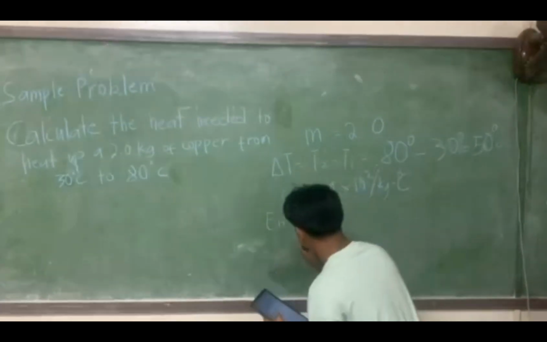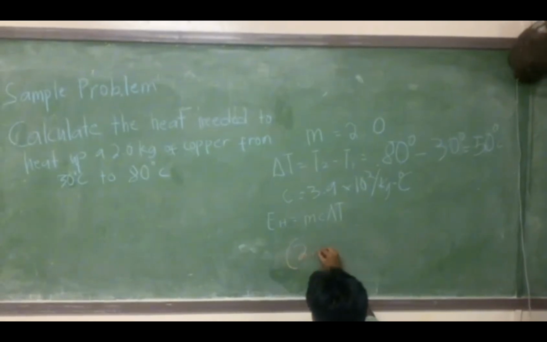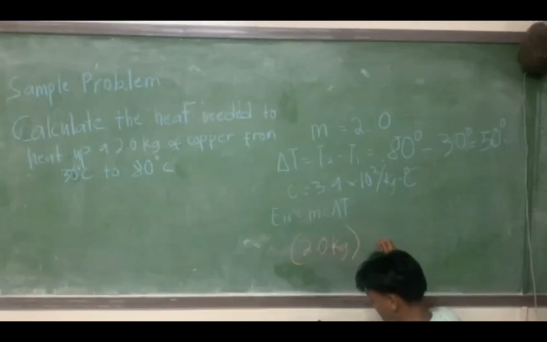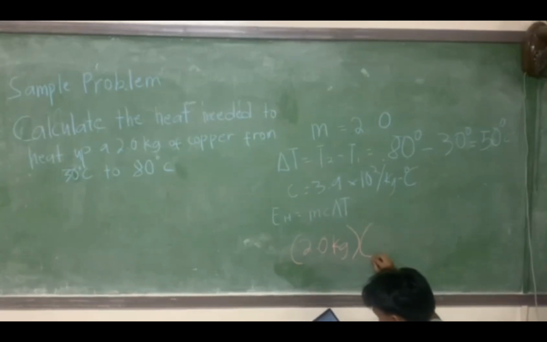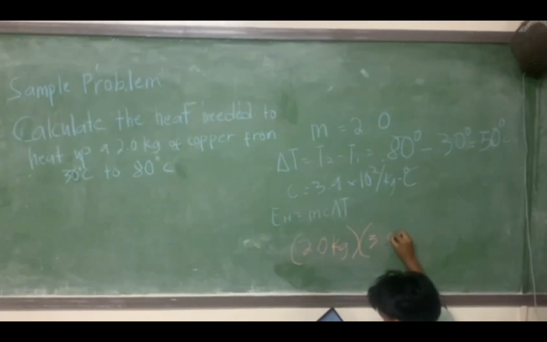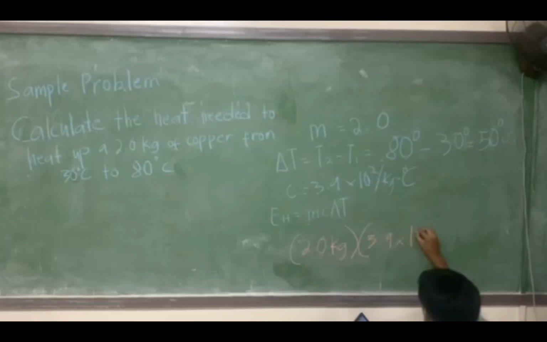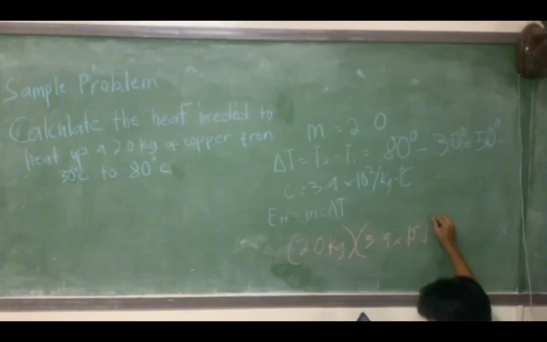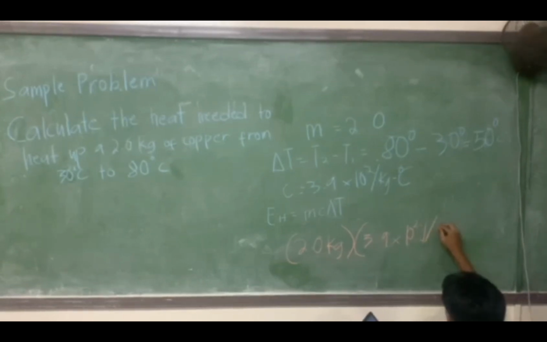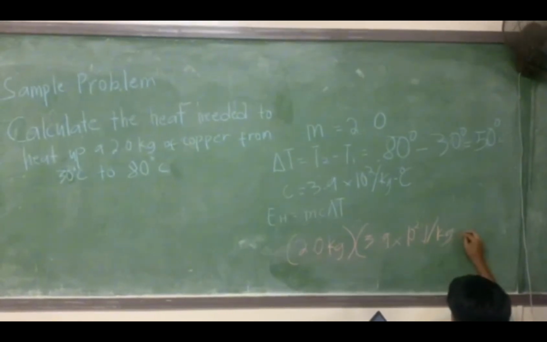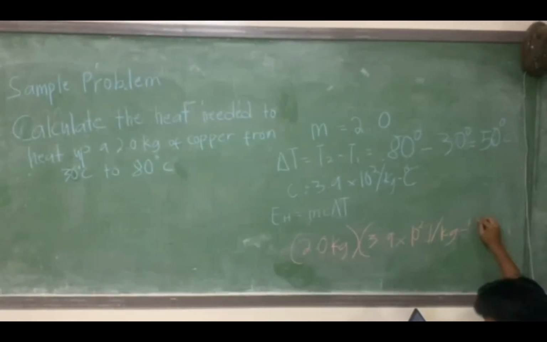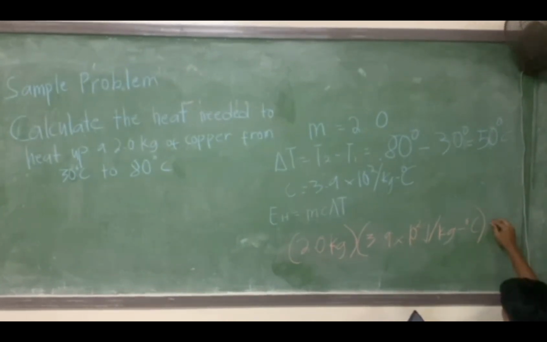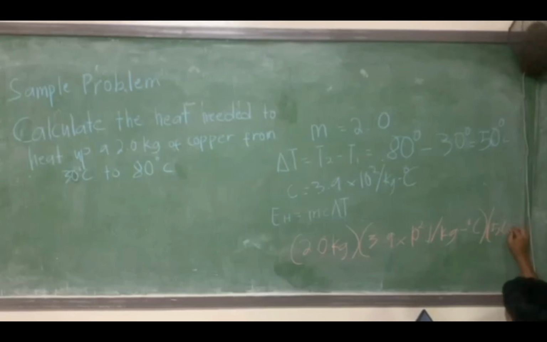The mass is 2.0 kilograms and the c is 3.9 times 10 squared joules per kilogram degree Celsius, and 50 degrees Celsius.